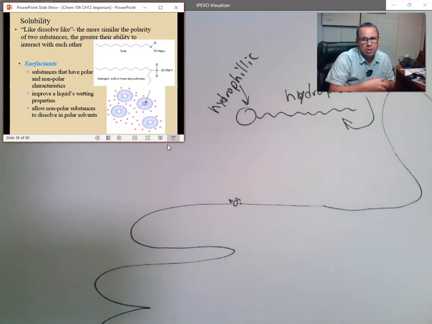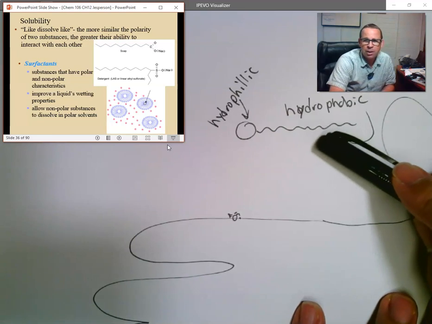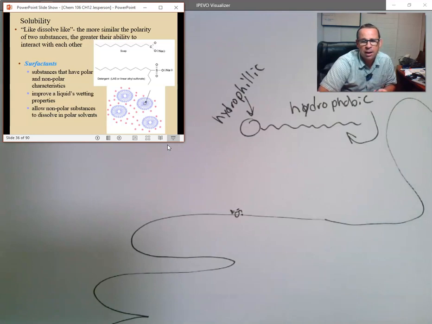So you can use the soap to interact with those hydrophobic materials, bacteria, viruses, and so forth, but you need the water to rinse it away. Okay? Hand sanitizer. Hand sanitizer is generally higher than 60% alcohol. There isn't a hydrophilic molecule like soap or a surfactant of any kind.